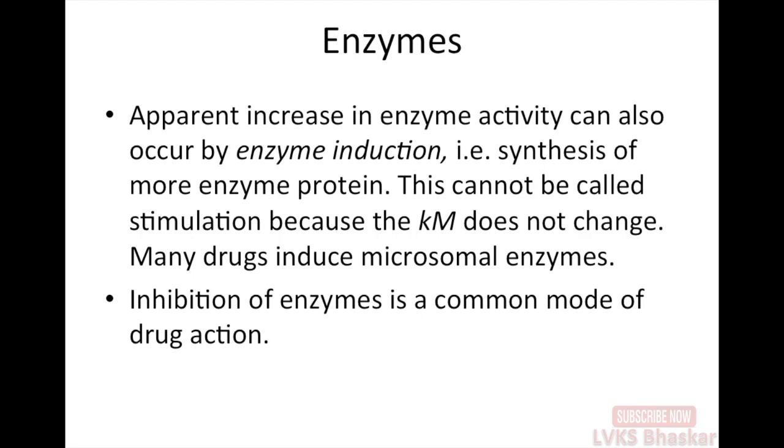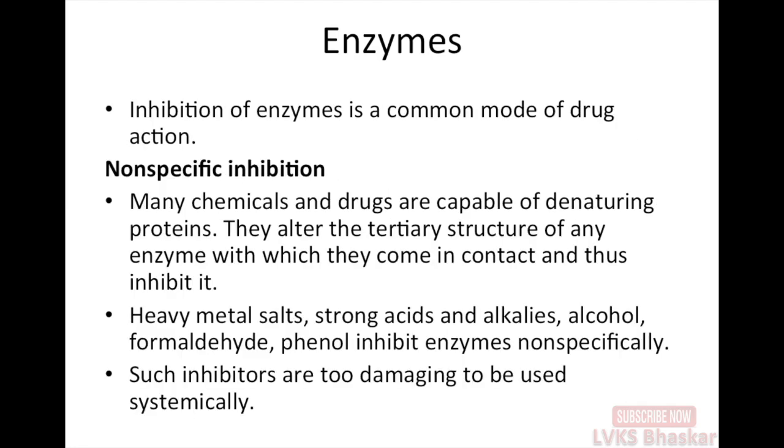Inhibition of enzymes is a common mode of drug action. Here you can see two types of inhibition. Non-specific inhibition means many chemicals and drugs are capable of denaturing proteins. They alter the tertiary structure of the enzyme with which they come in contact, and then it is inhibited.